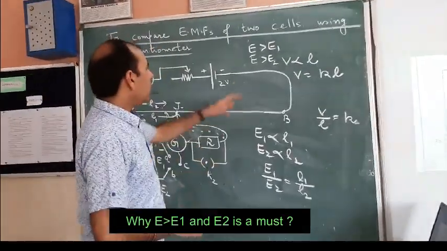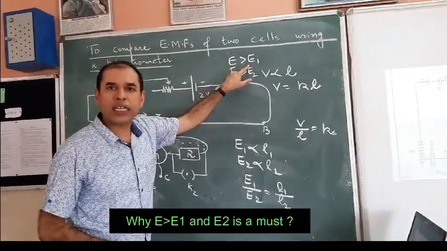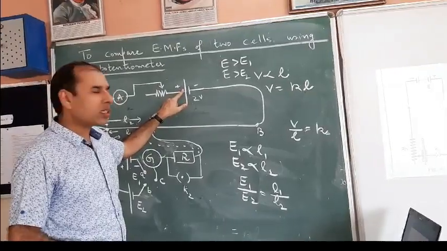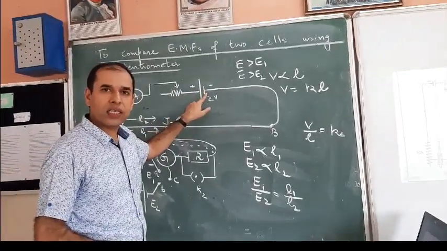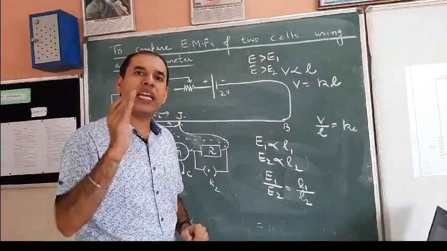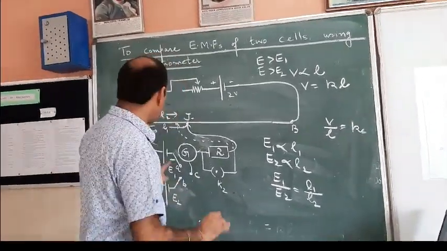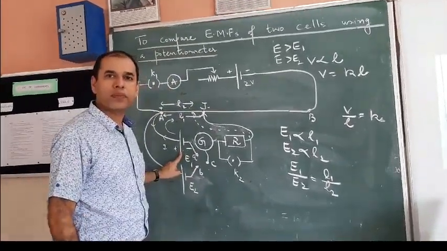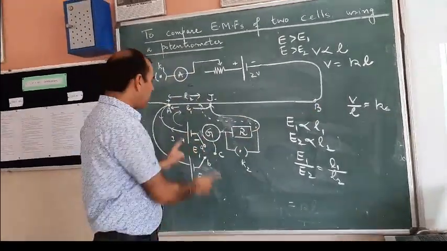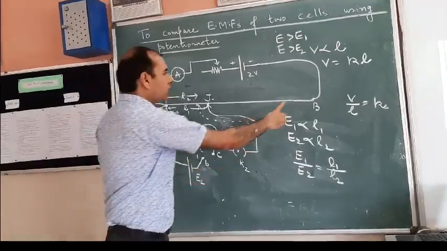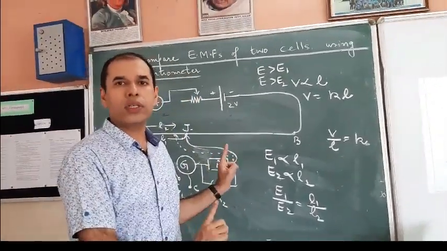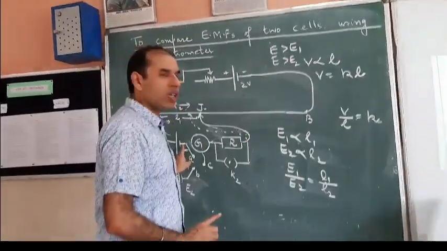See, if E is not greater than E1, then the entire voltage coming from the battery, which is spread across this length AB, will be less than the potential difference supplied by this cell E1. So if we want some part of this wire to balance this E1, the voltage across this length should be greater than the potential drop across E1.